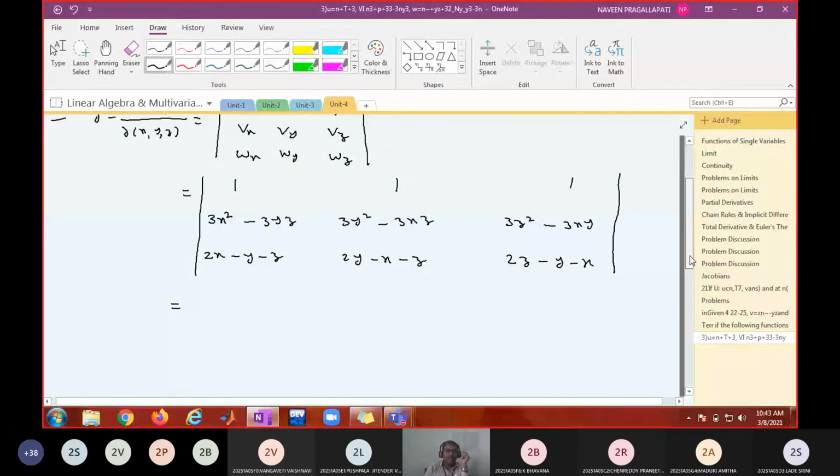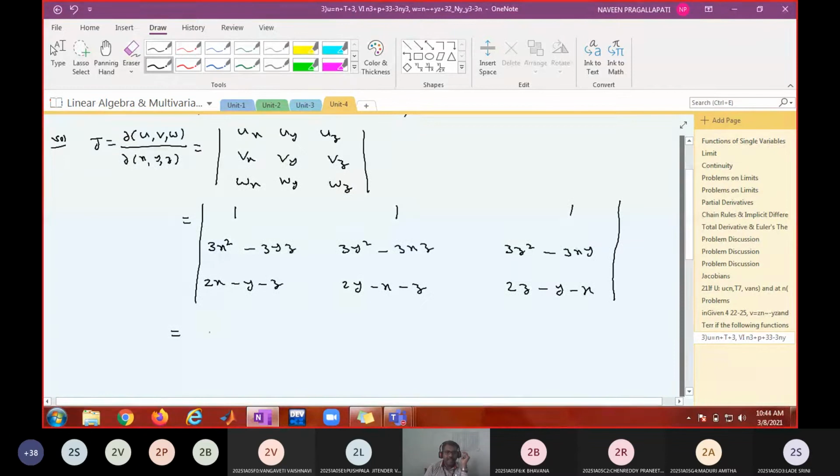At the moment I'm writing the answer. Please check it later and fill in the steps. It is just finding the determinant and simplifying.